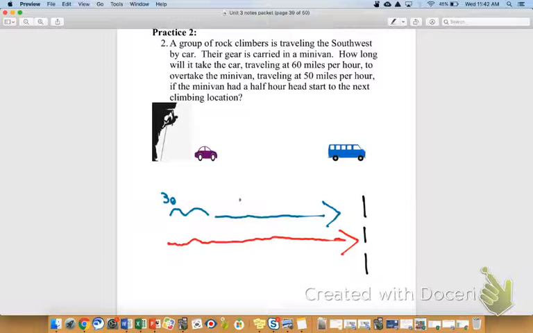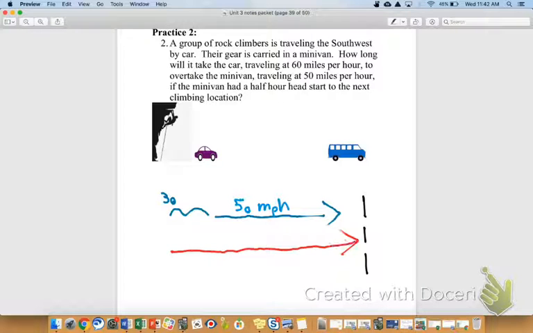Assuming the red line is supposed to be as straight as possible, right? Yes. There's mountains there. 3 times 50 is 150.